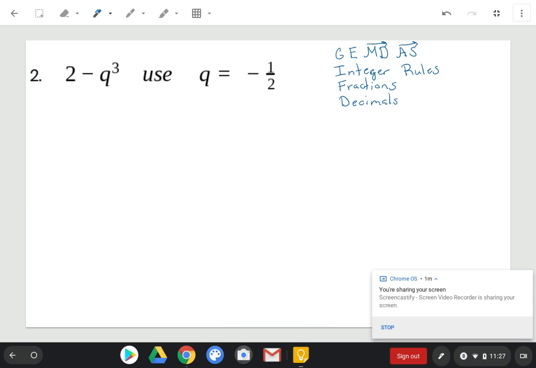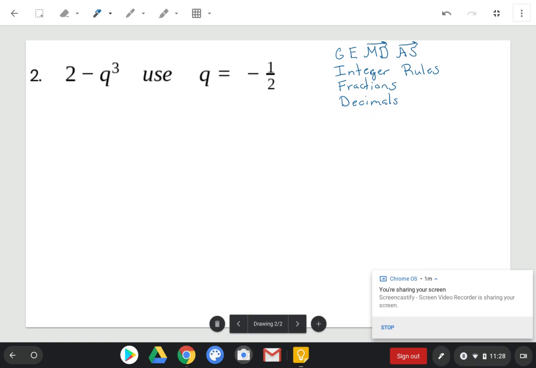So these are all topics that have been covered in 5th, 6th, and 7th grade. And now we're going to have to use them all at the same time to evaluate these algebraic expressions. So I'm going to demonstrate a few problems for you.